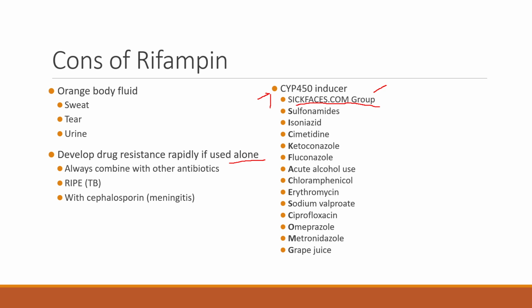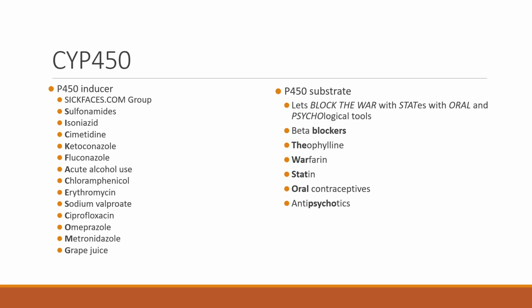So an inducer means that when this group of drugs encounters a CYP substrate, they help the metabolism of that substrate, and so that reduces the effect, in the case I just mentioned before, of the substrate drug. This is what happened.